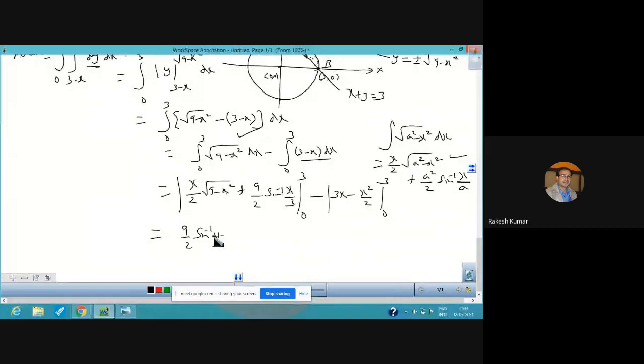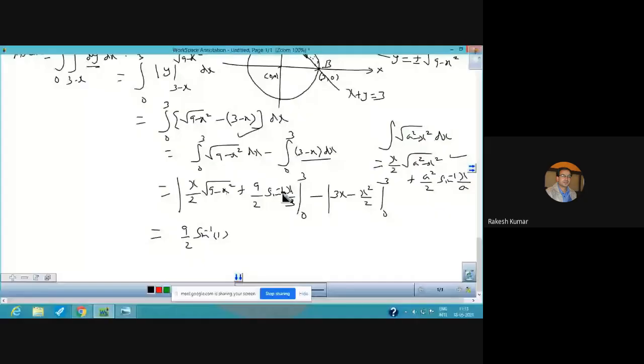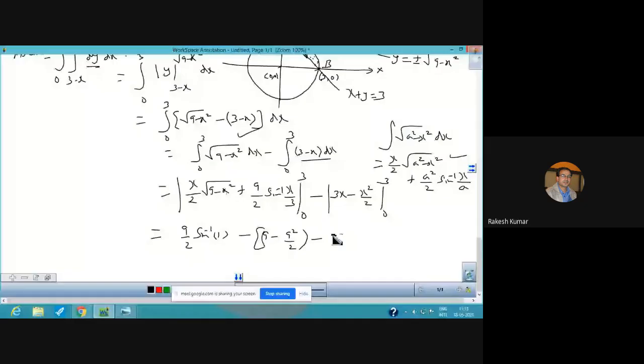And for lower limit 0, you will have 0 into this, that is 0. And sine inverse 0 is also 0. So that comes out to be 0. Put the upper limit here, you will have 3 into 3 is 9 minus 9 square over 2, and for lower limit 0, both the terms will give you 0.